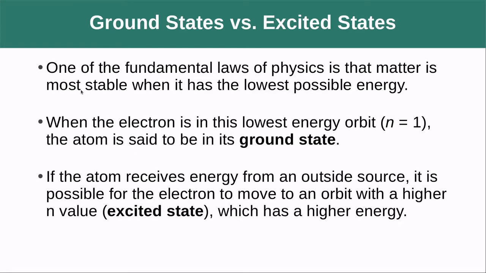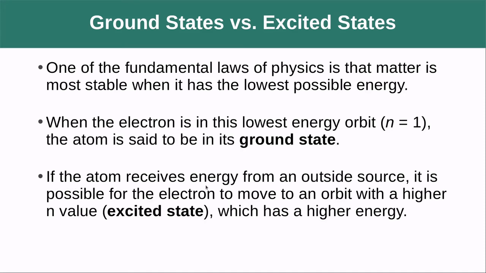All right, so we've got some language to talk about here. One fundamental idea that we have from the laws of physics is that matter is most stable when it has the lowest possible energy. So when an electron is in this lowest energy orbit, the atom is said to be in its ground state.